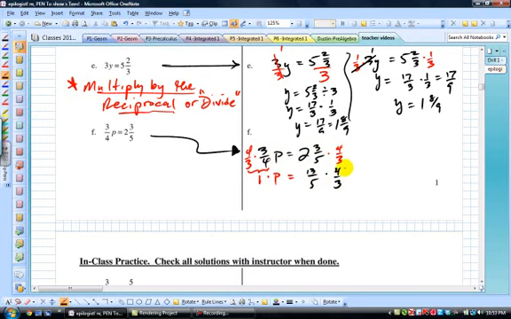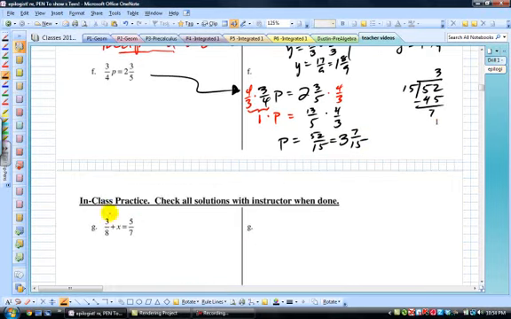There's no canceling opportunities here, so I get p is equal to 4 times 13, which is 52, divided by 15 here. Take 52 divided by 15, get 3, 3 times 15, 45, subtract, get 7, so 3 and 7 fifteenths.